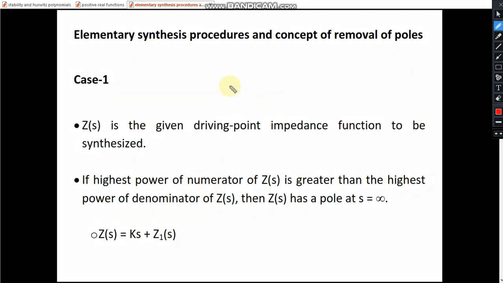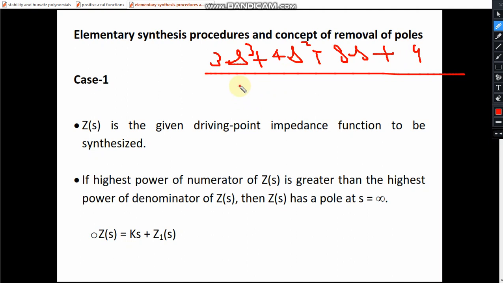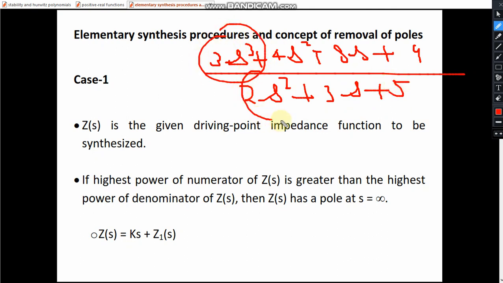So suppose the numerator is 3s cube plus 4s square plus 8s plus 9, divided by the denominator 2s square plus 3s plus 5. Now the highest power of the numerator is greater than the highest power of the denominator. Here it is 3 and here it is 2. So there is a pole at s equals infinity.